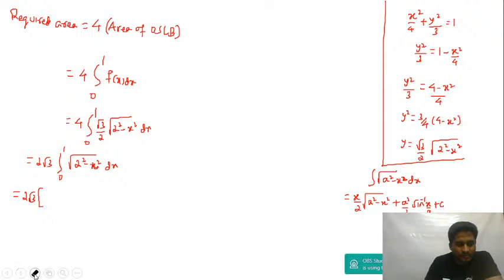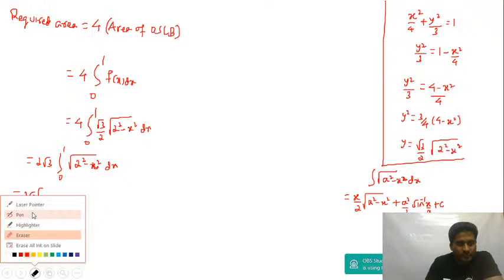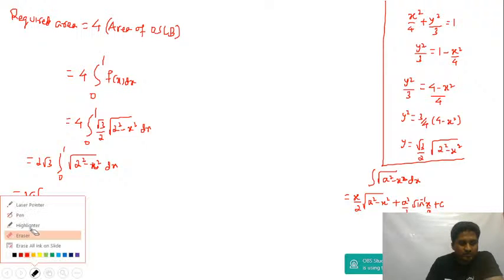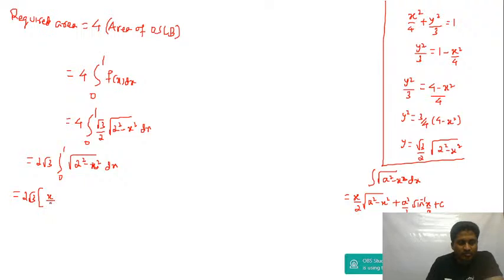So if I use the formula, you get x by 2 into root of 2 square minus x square, plus a square by 2, that is 2 square by 2, sine inverse of x by 2, between the limits 0 to 1.